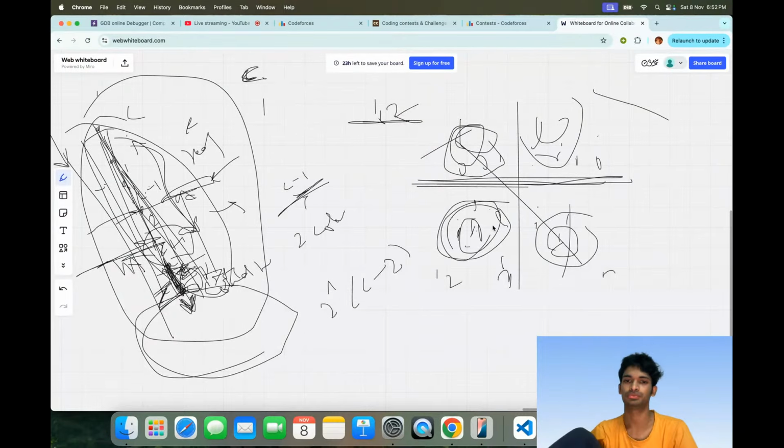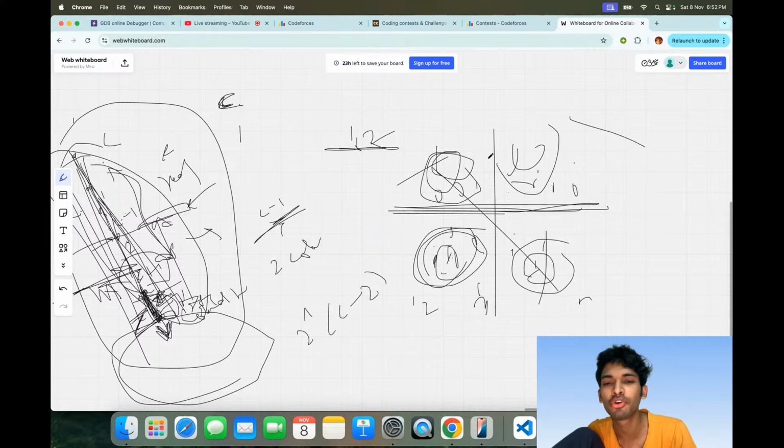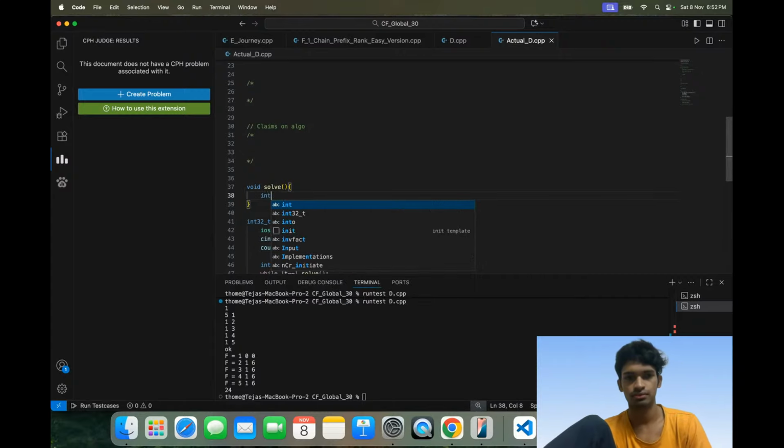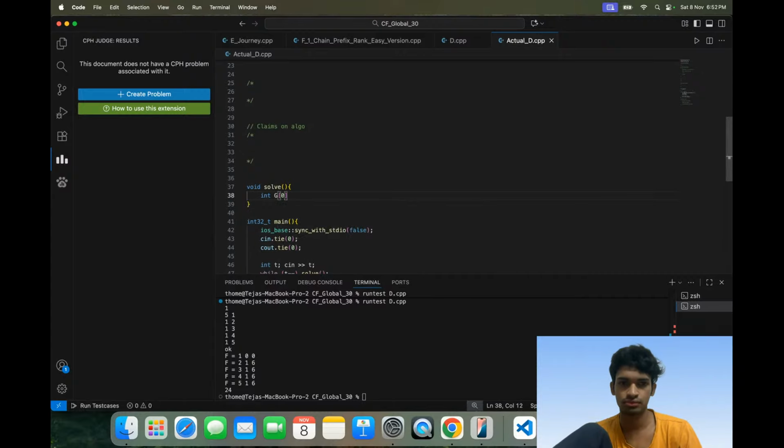So what do I do? I will make four groups, okay? Implementation. I'll make four groups. Let me just make it g of 2, 2, okay?